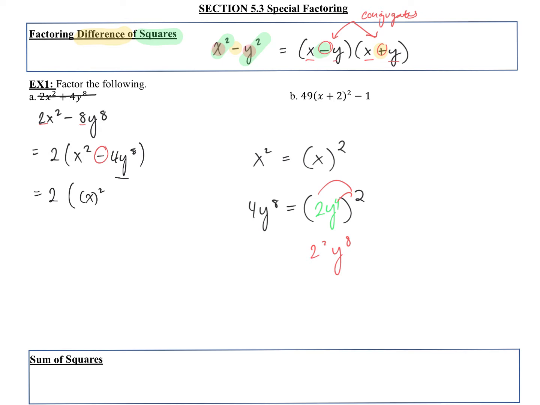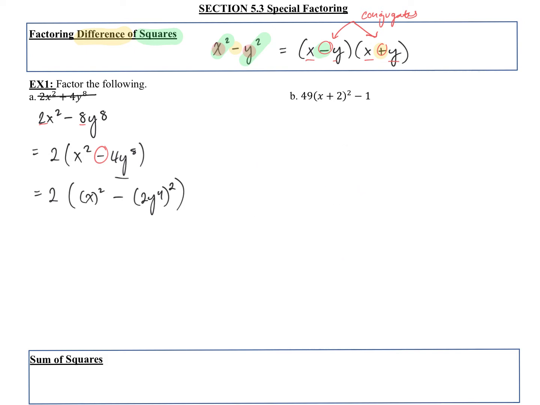So we have x squared minus 2y to the 4th squared. I'm going to go ahead and show this work on the side. You wouldn't usually need to show this, but because we're working on a new problem, I'll write a little more work. Now, how does the rule work for factoring? Well, we take the unsquared version of each one and place them in the binomial.